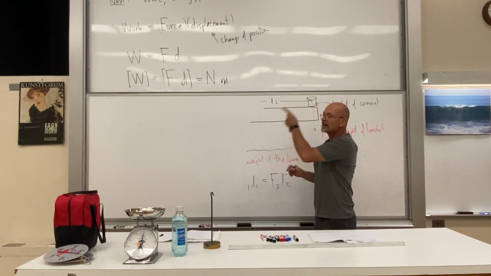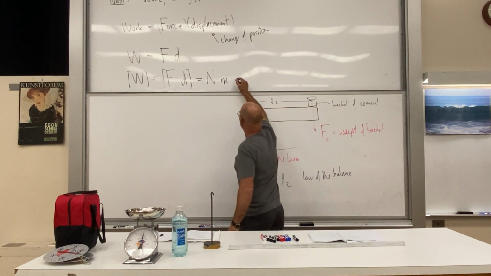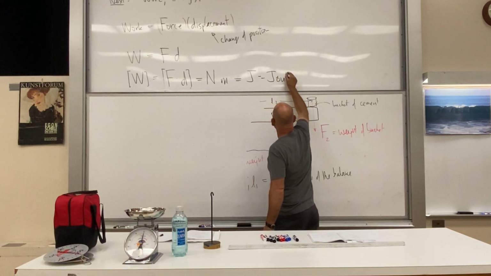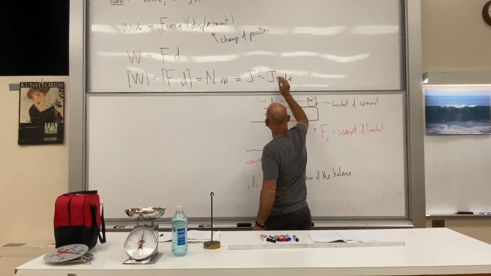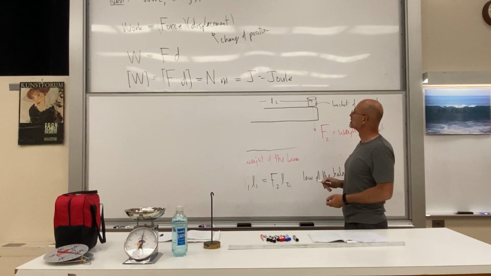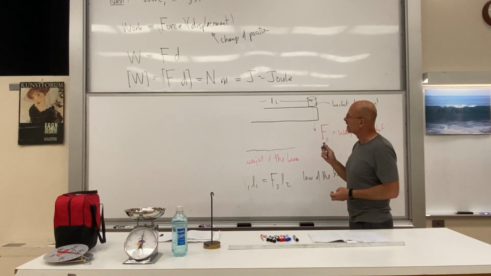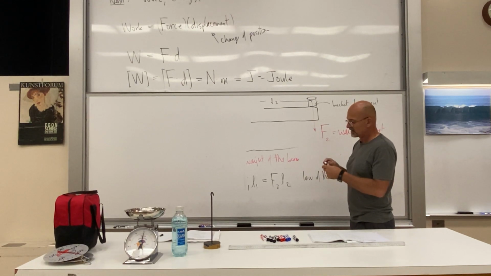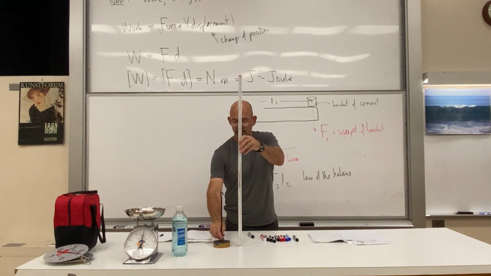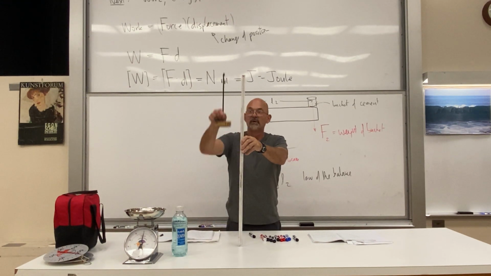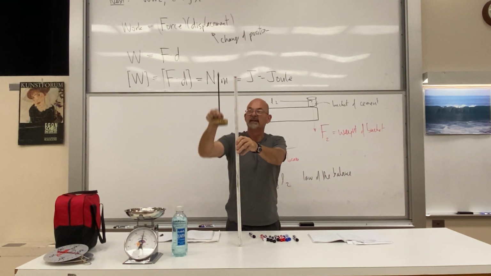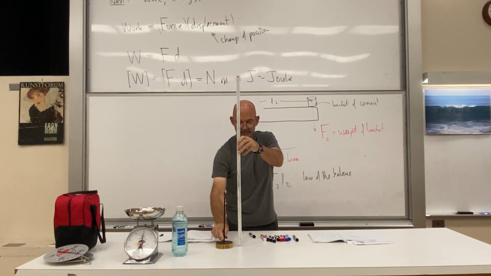So the Newton times the meter is the letter J, the joule. That's the name of a French physicist, joule. So how much work did I do when I lifted this thing 1 meter? 10 newtons times 1 meter. I did 10 joules of work. Lifting something, 10 joules of work.